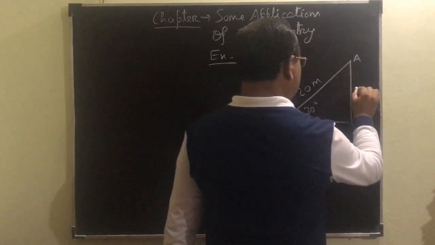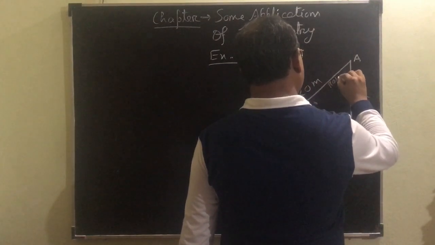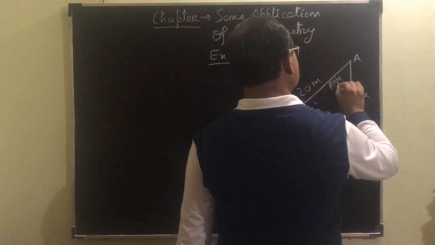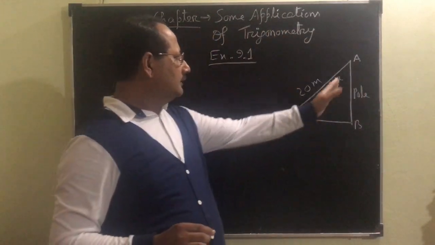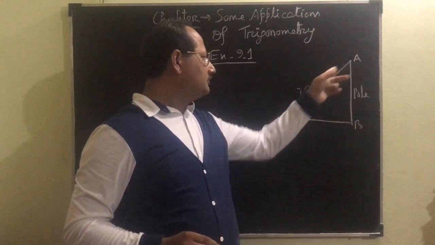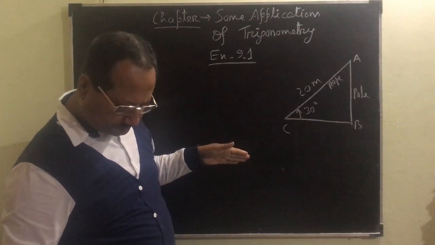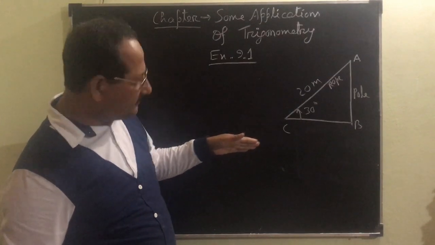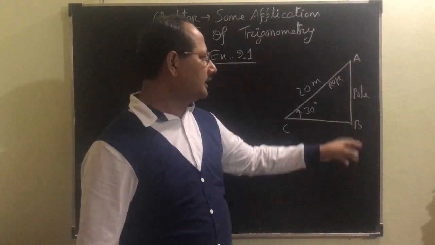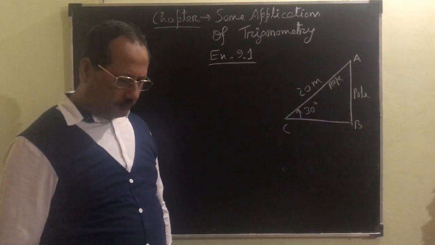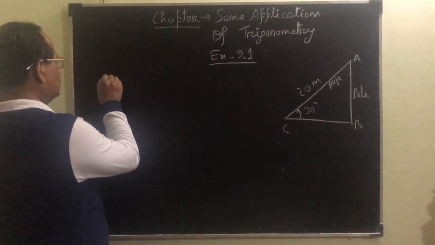This is the pole, and this is the rope. You have to find the height of the pole, and this rope AC of 20 meters is tightly stretched to the ground. So question number 1.